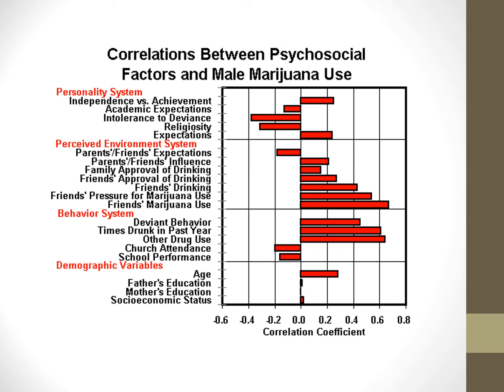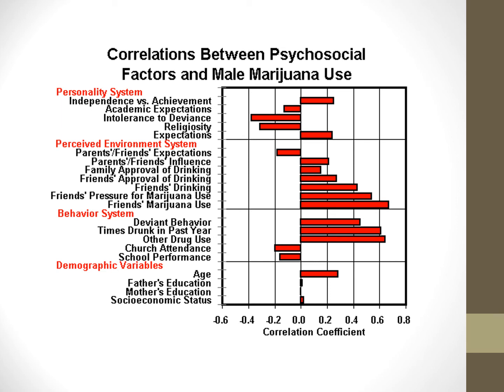But among positive correlations, there are several at 0.4 or higher, and that's the relationship with male marijuana use. If friends drink, positive correlation, that's socially significant.